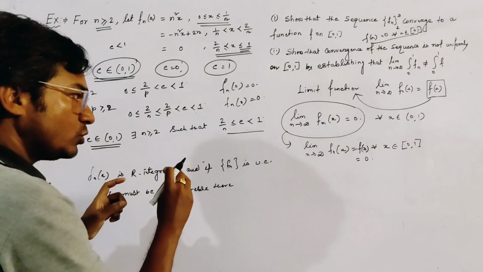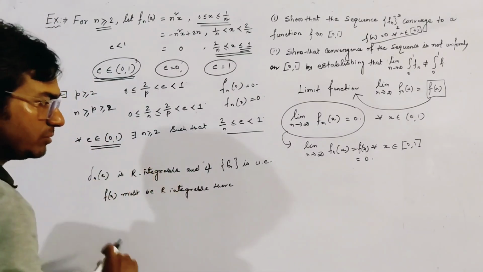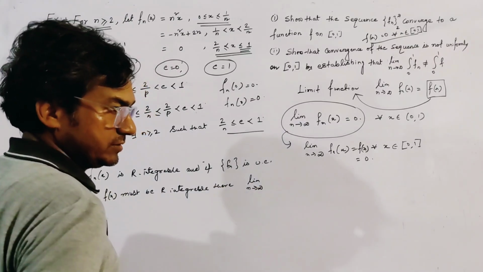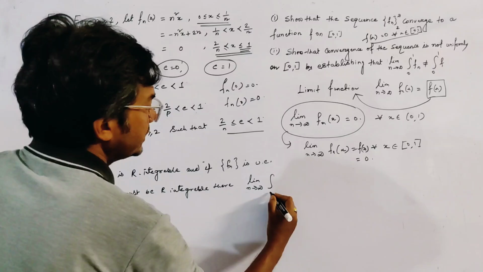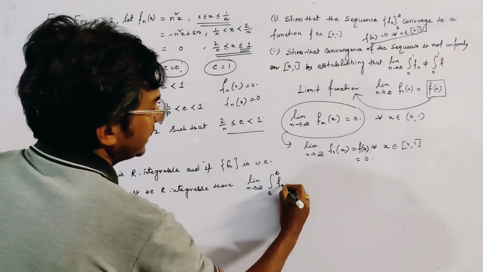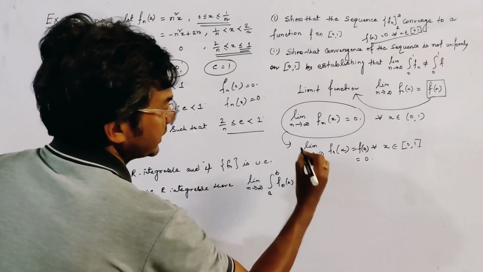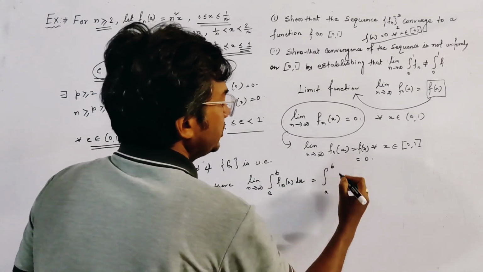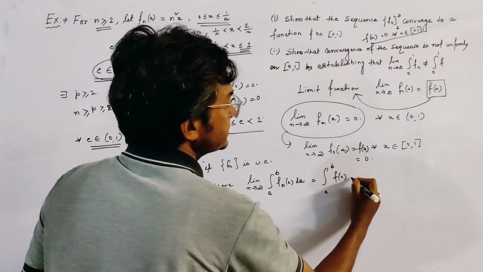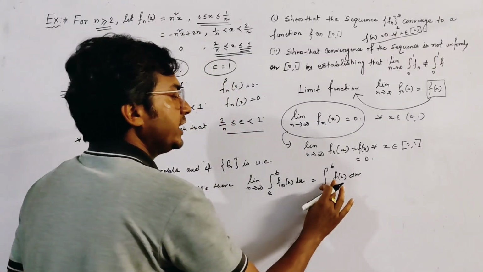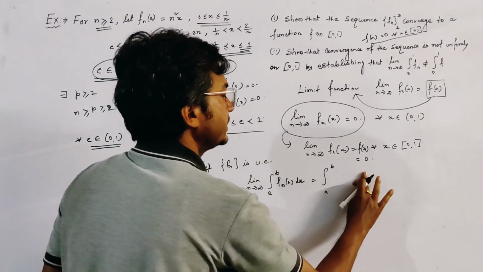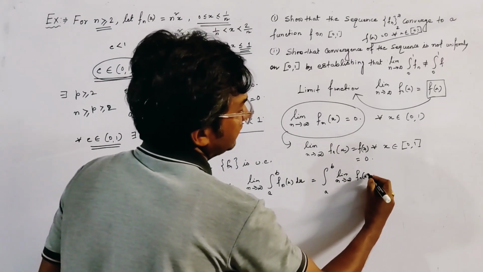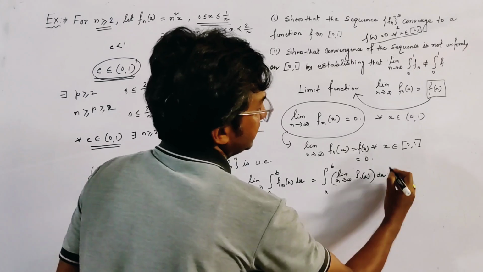Overall, we also get a relation in this theorem: limit n tends to infinity of the integration a to b of fn(x) dx is equal to the integration a to b of f(x) dx, or we can write this relation as the integration of the limit n tends to infinity of fn(x) dx.